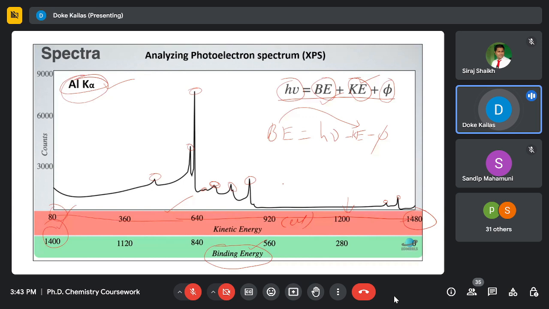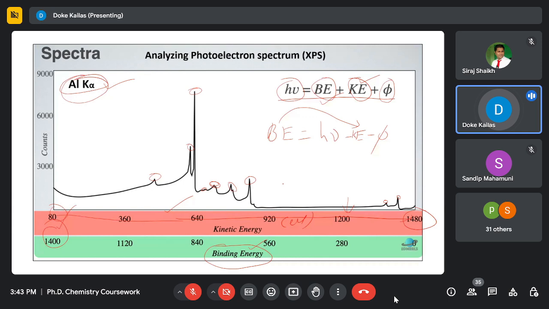Okay. Now, after this, we have just the fundamentals of X-ray photoelectron spectroscopy, and how we analyze it. Again, we will continue with some important fundamentals. See the next slide.